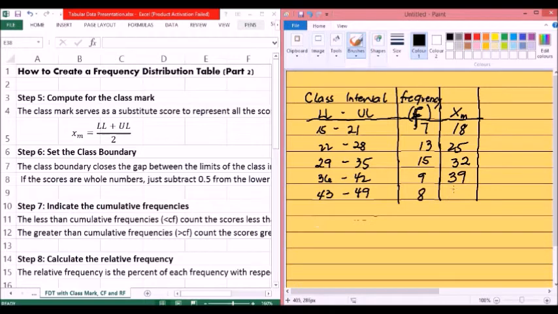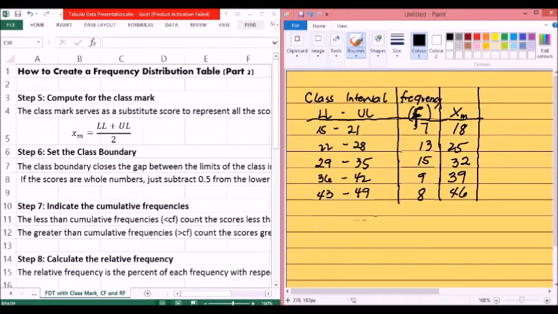Let's check: 43 plus 49 divided by 2 is 46. Then 36 plus 42 divided by 2 is 39. So that is correct. So here are our class marks.